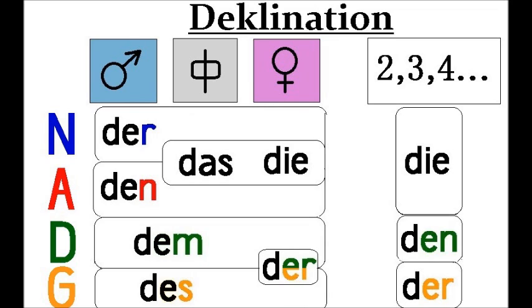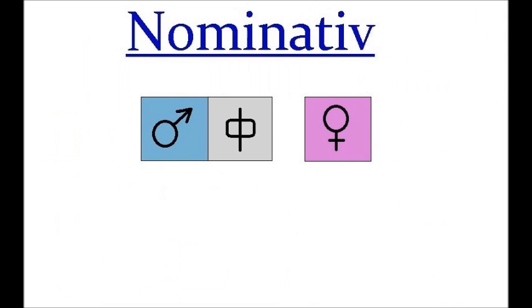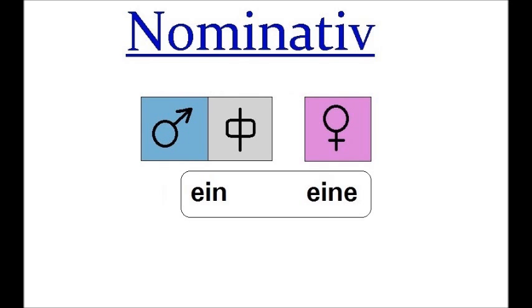Now let's take a look at the indefinite article, which is "a" or "an" in English. For the subject case, the male and neutral article is ein. The female article is eine.